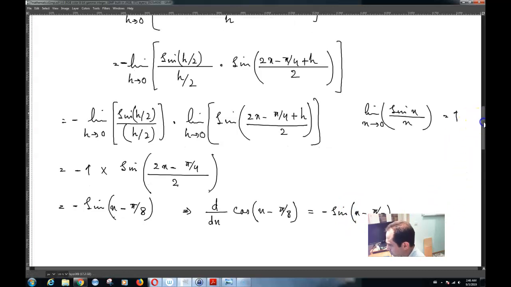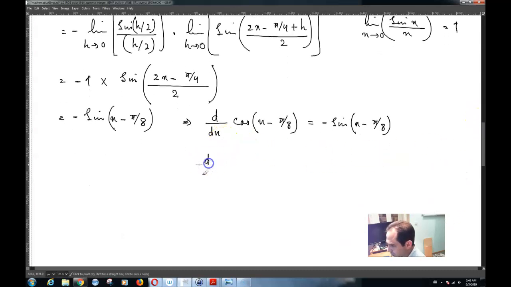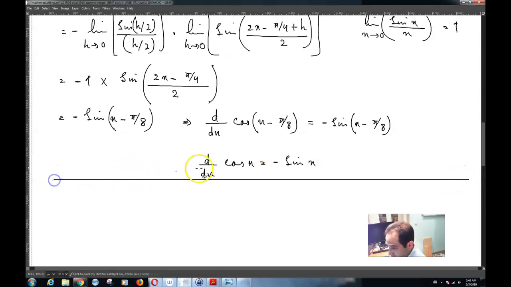And of course you already know that d by dx of cos x is equal to negative sine x. So everything fits together in the most beautiful way ever possible. It's like magic.